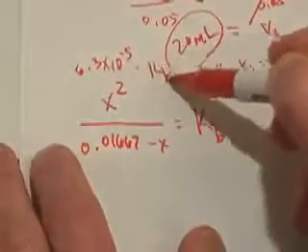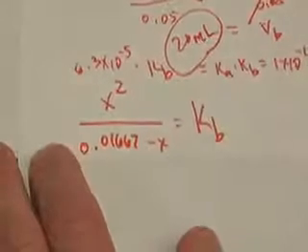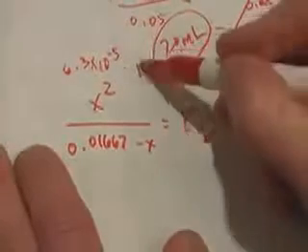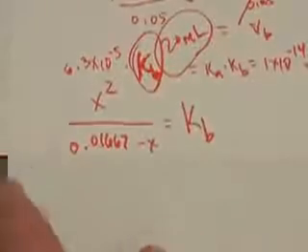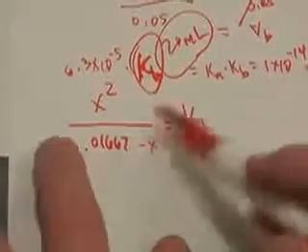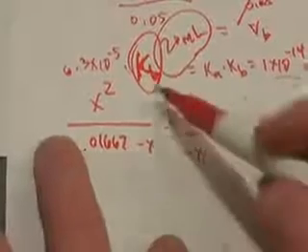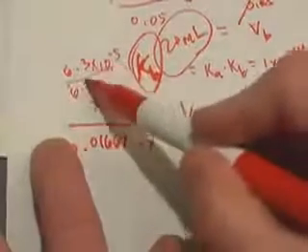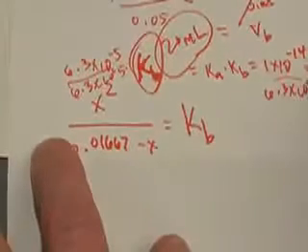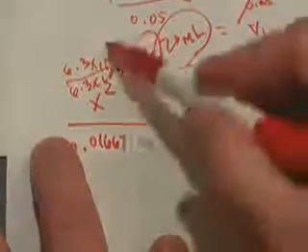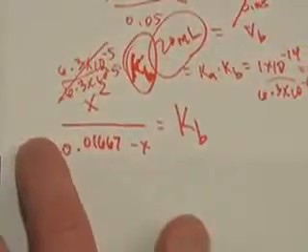This times the Kb is equal to 1 times 10 to the negative 14th. This says K sub B, and that's the thing that I'm going to solve for. So if I divide both sides of the equation by 6.3 times 10 to the negative fifth, those will cancel.